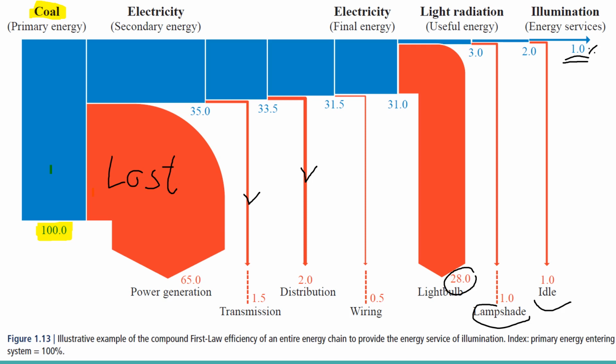This is, I think, one of the worst case scenarios of how to waste energy. 100% and only 1% is used. Of course, we can make it a little bit better at every place, but there are limitations and we have to understand them.